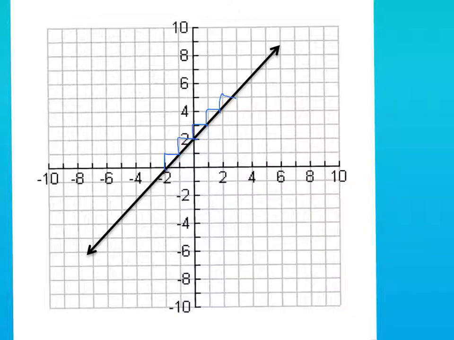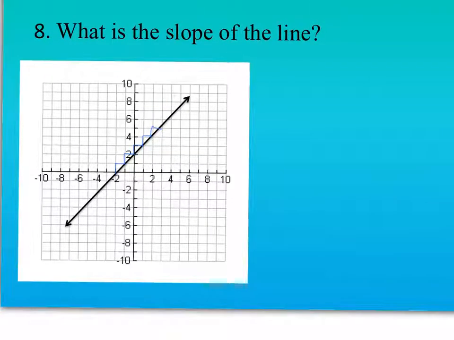All right, so I should know that I'm rising 1. So let me write it out again. Slope equals rise over run. So for this, my slope equals 1 over 1, which is just 1. That one was easy. Took 20 seconds.